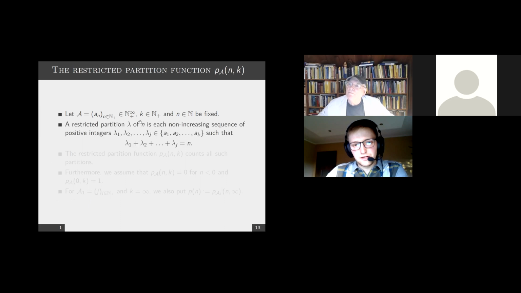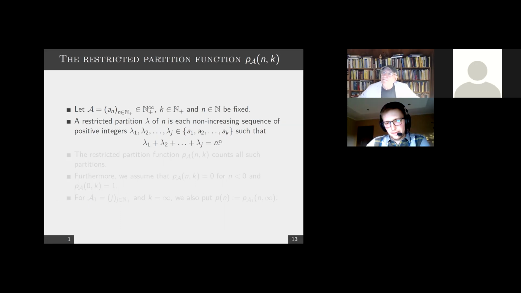By a restricted partition lambda of n, we mean each non-increasing sequence of positive integers lambda 1 up to lambda j, which belong to the multiset a1 up to ak, such that their sum equals n.